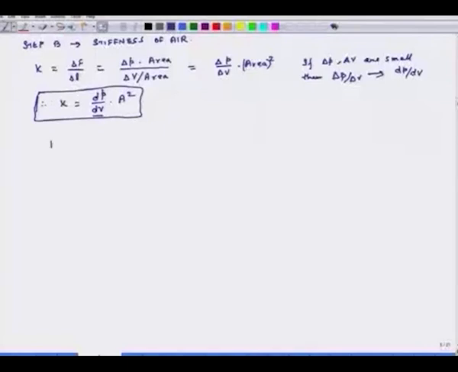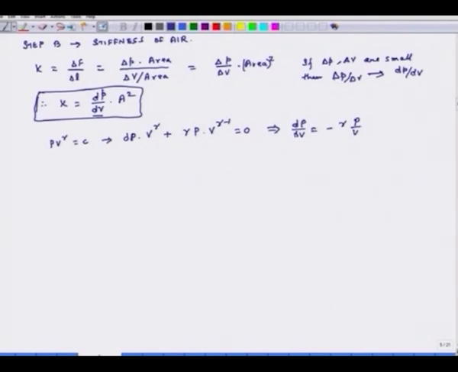So, for an adiabatic process, P V to the power of gamma equals C, and if I differentiate it, I get dP times V to the power of gamma plus gamma P times V to the power of gamma minus 1 equals 0, and this gives me dP over dV equals minus gamma P over V.